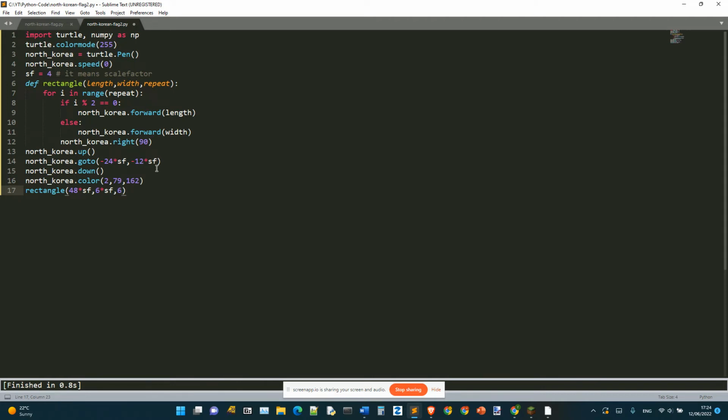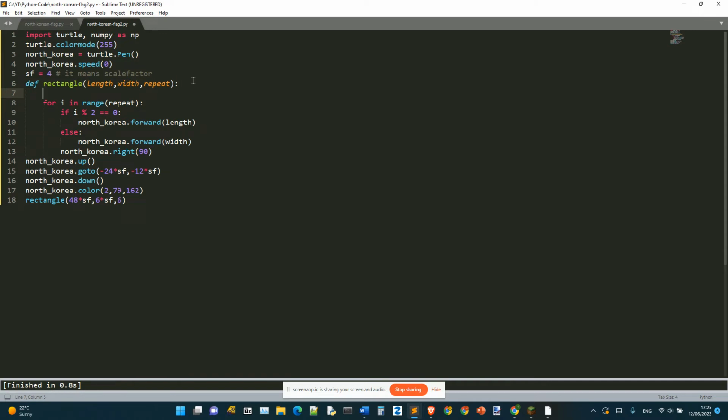We don't fully complete it, but it's for the sake of simplicity and saving lines, because I don't want to write too many lines. So now when we run this, we should have a rectangle. Turtle done.